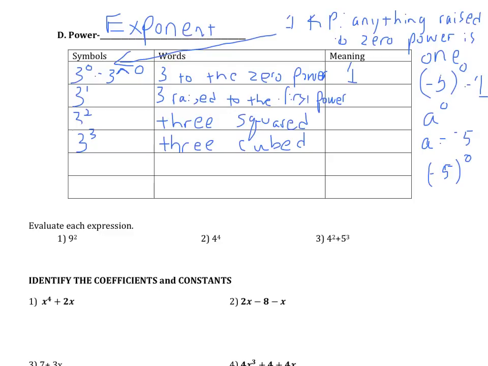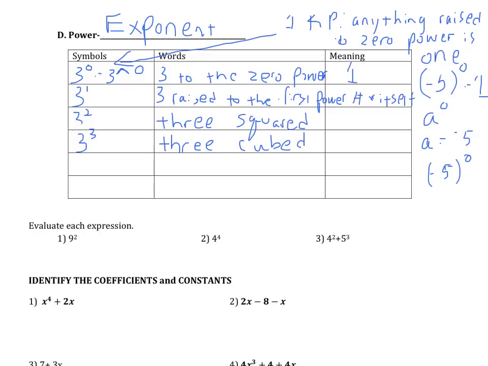All right, 3 to the first power means simply multiply 3 times itself one time. So let's just get this down. Number times itself, and in this case, it would be one time. The exponent tells you how many times to multiply it by itself.